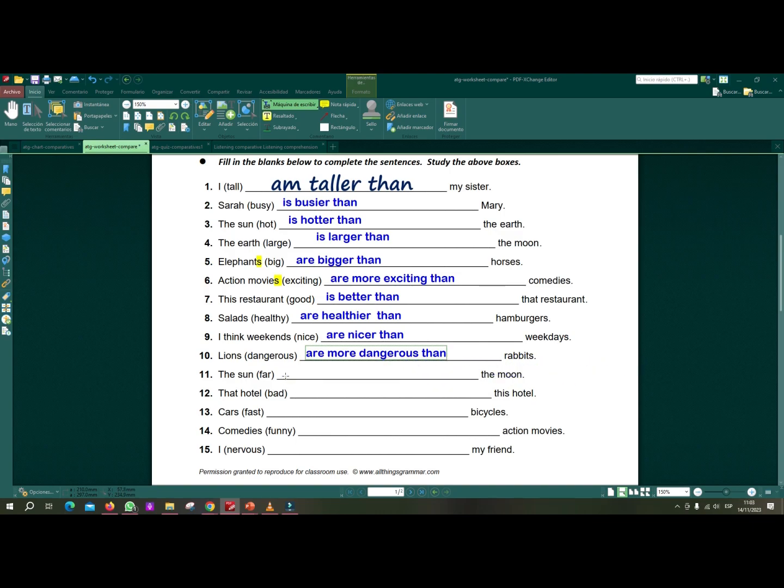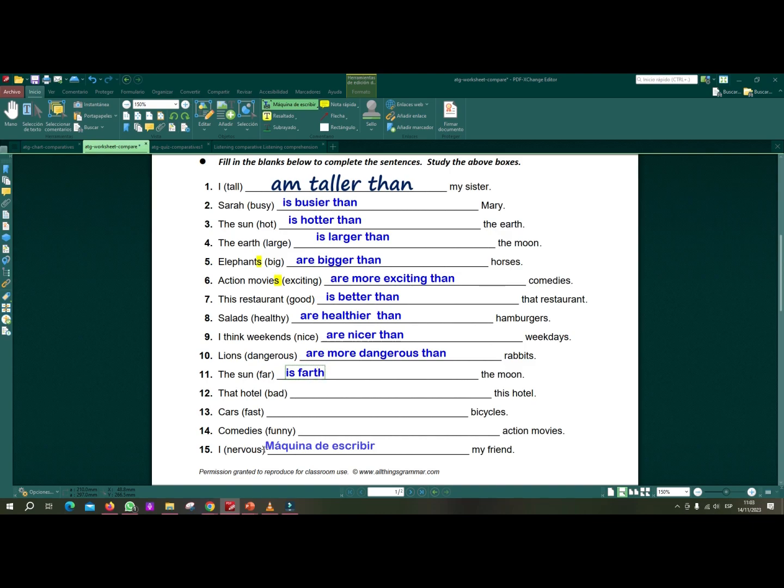Okay, excellent. Here you have this. The sun for the moon. Caro, the sun, el sol. Which could be? Is farther. There you have 2 options.